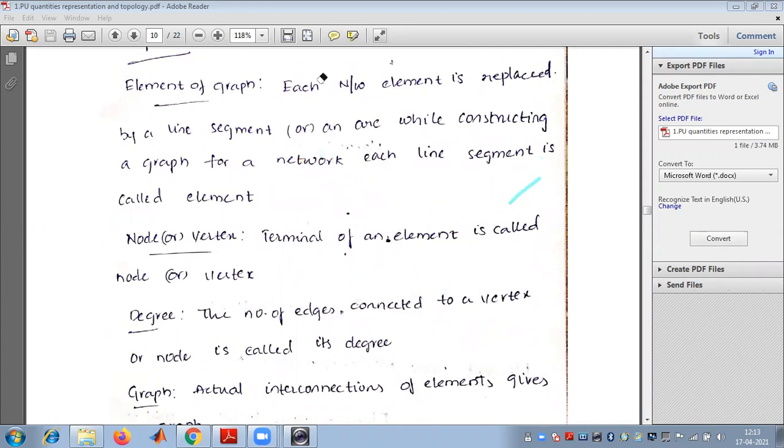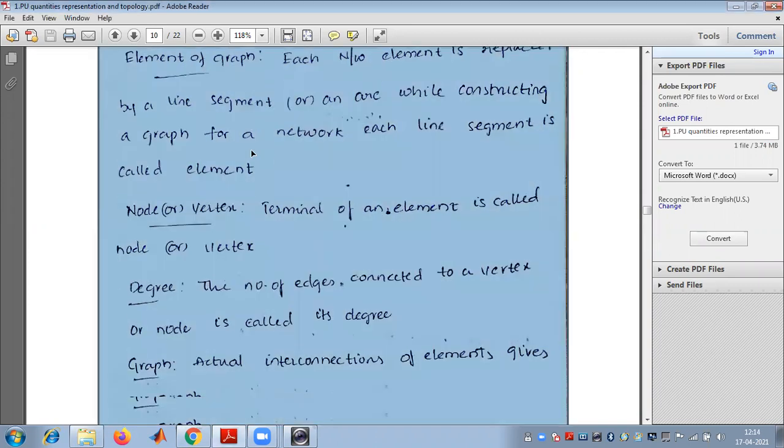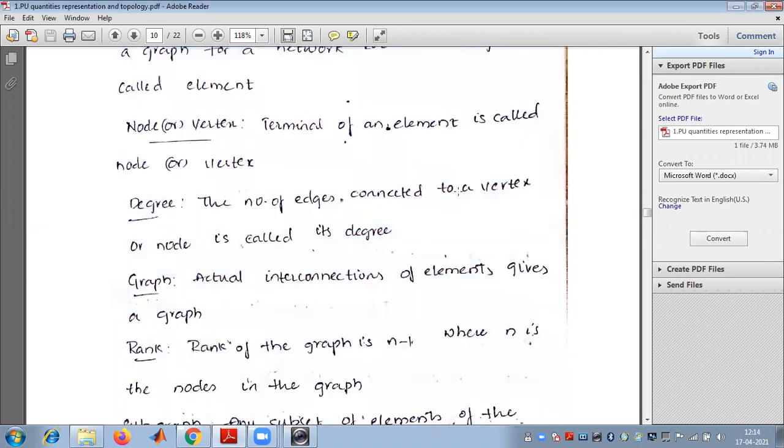Now the next one is graph. What do you mean by graph? Actual interconnections of elements give a graph. Let me explain the definition clearly. Suppose this is node 1, this is node 2, this is node 3, and this is node 4.